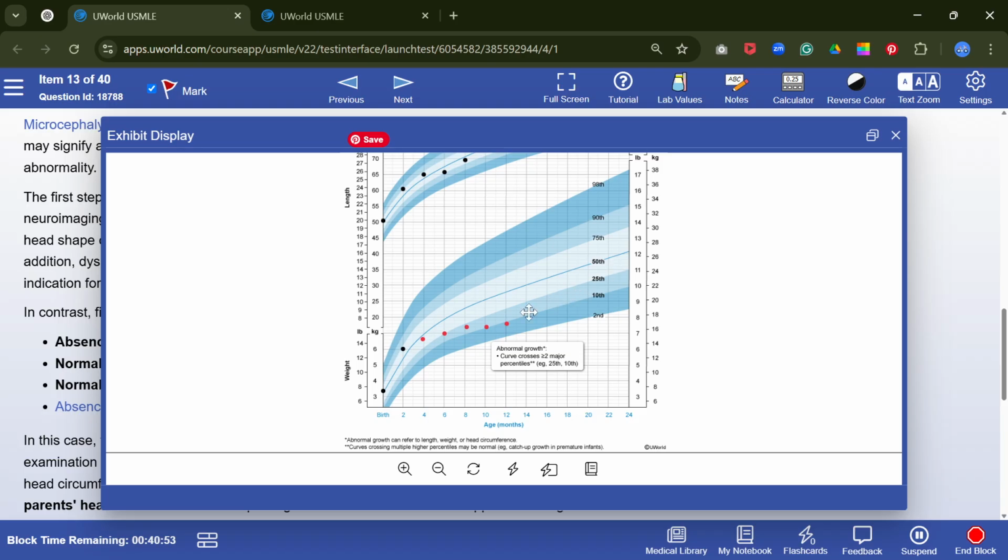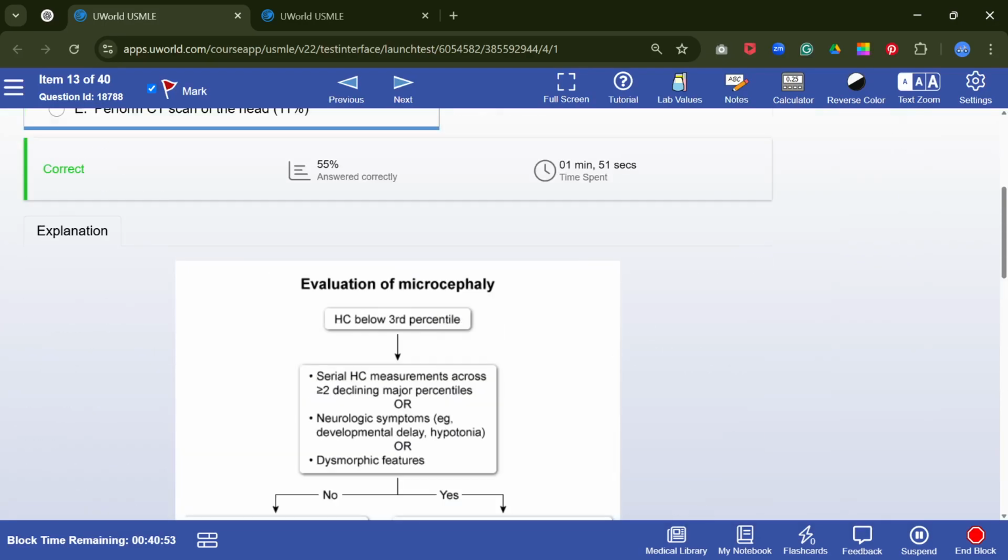Initially it was 25, now it is 10, so that's how we can calculate.